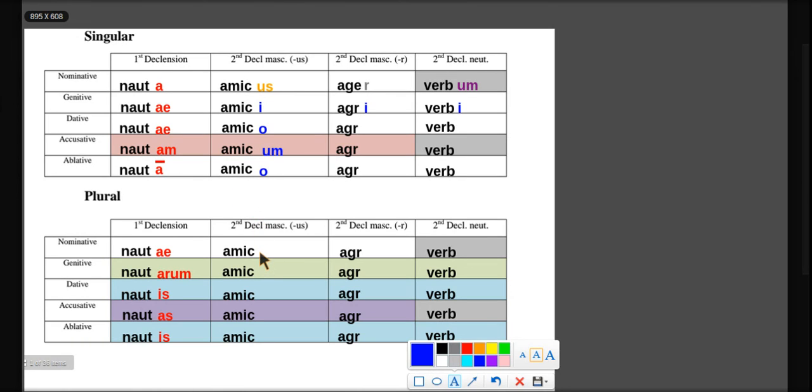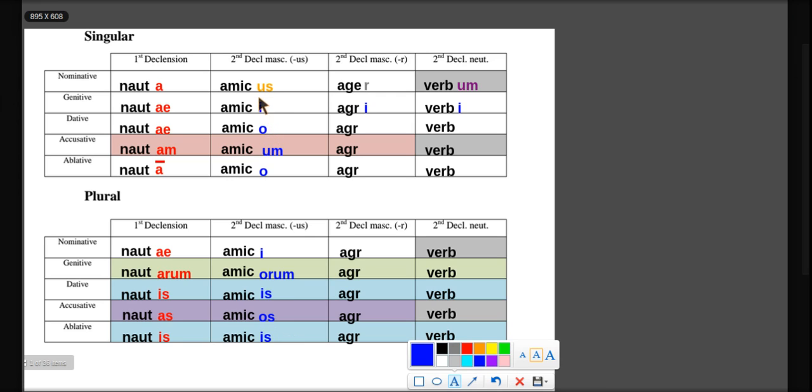Coming down to our plural forms, for your nominative plural second declension masculine ending, you have an i. For your genitive plural, you have orum. For your dative plural, you have is. For your accusative plural, you have os. And then for your ablative plural, second declension, you have is.